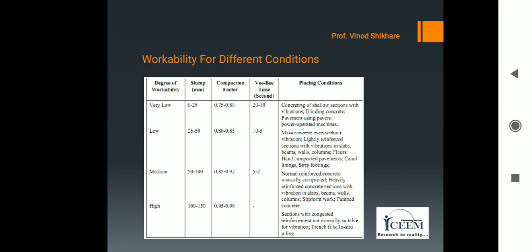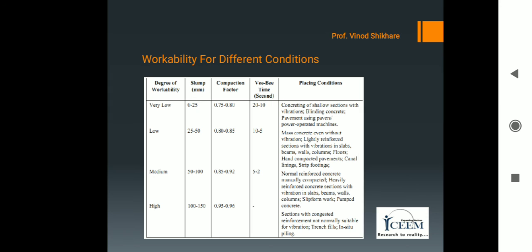Concreting of shallow sections with vibrations, blinding concrete, pavement using pavers, power operated machines. In that condition, we use very low degree of workability concrete. For low degree, the slump value is 25 to 50 millimeter.